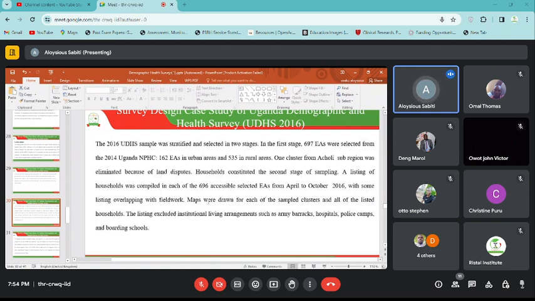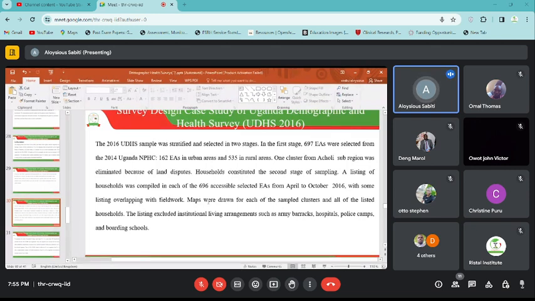So the sample was stratified and selected in 2 stages. Remember, in our introduction, we were able to explain that the DHS is a 2-stage stratified sampling technique.